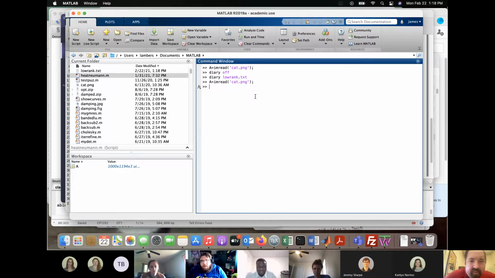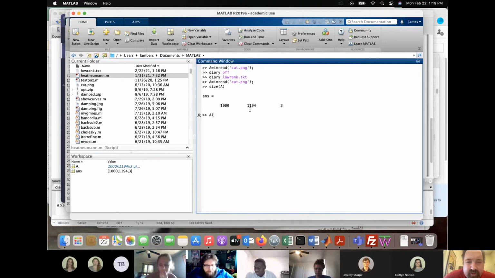Okay, so now I want to show you the size of A. 1000 by 1194 is the dimensions of the image in pixels. The 3 is because this is a color image, so we have channels for RGB colors. And the type of data you saw flash on the screen is all these integers from 0 to 255, so 0 for black and 255 for full color.